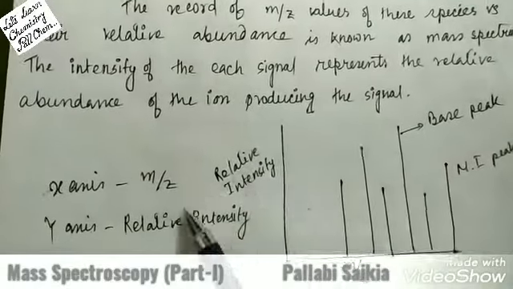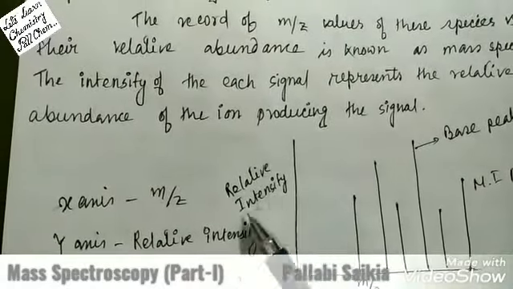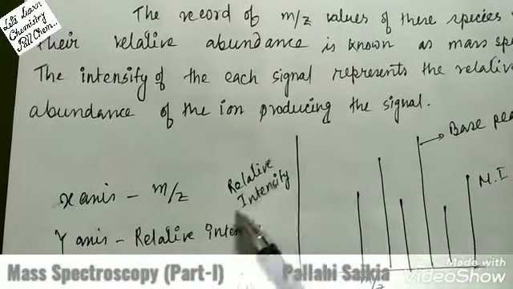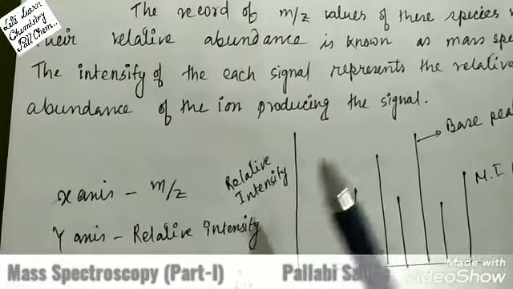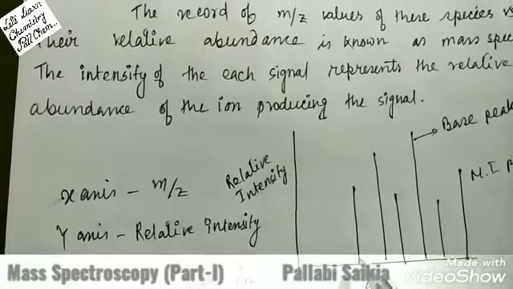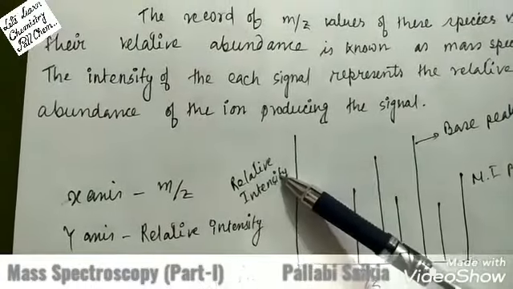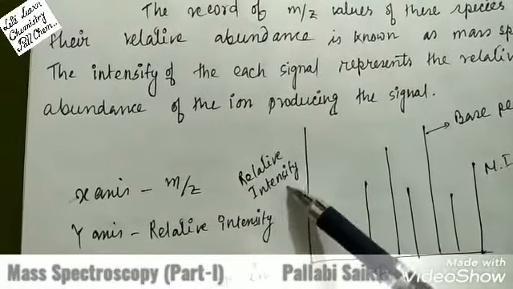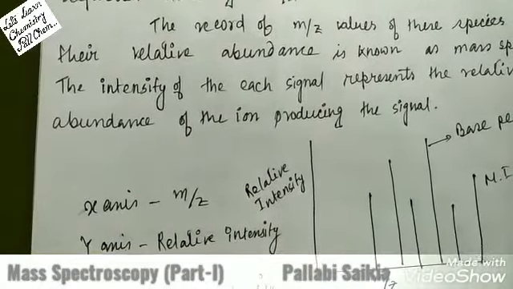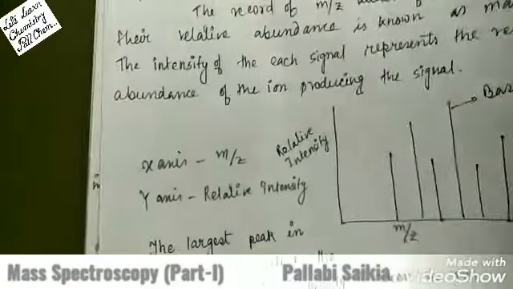The relative intensity depends on the relative abundance of the ions. The more easily an ion is available, the more intense the peak will be. So relative intensity is directly proportional to the abundance of the ions.